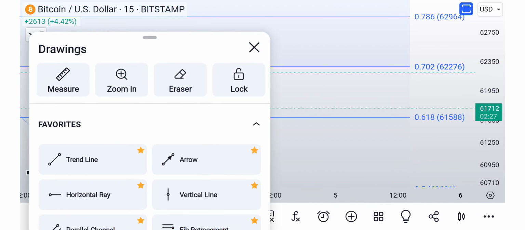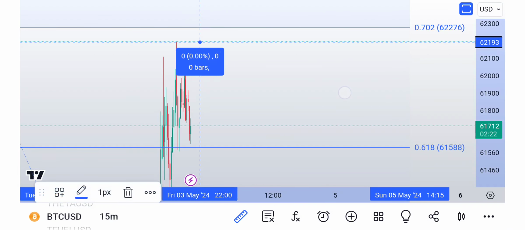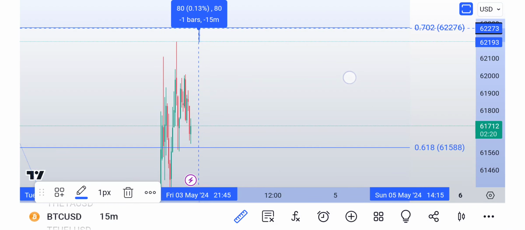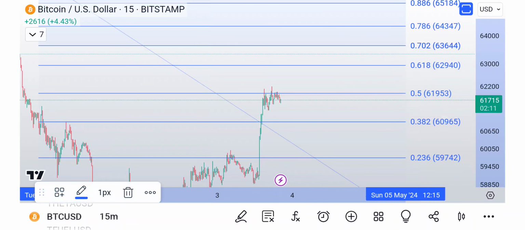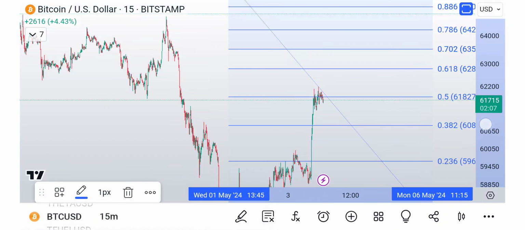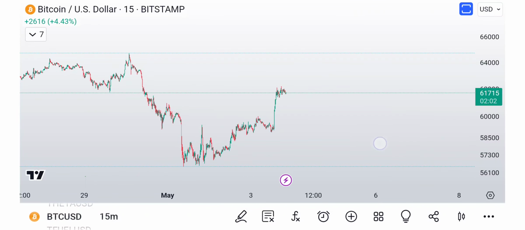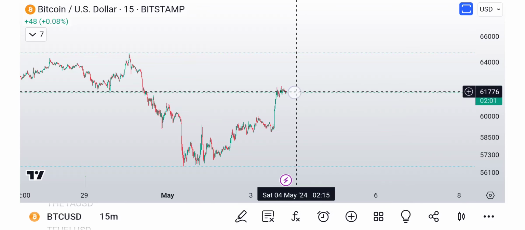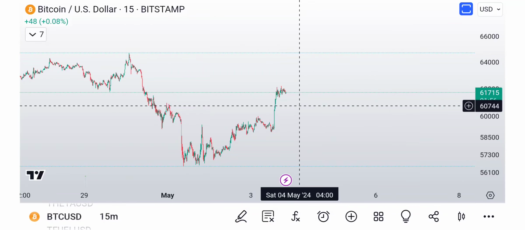We came within not even a tenth of a percent, basically. So 0.1% of hitting that 702. So yeah, it would be interesting to see if we can break through it, but it probably demands somewhat of a pullback.